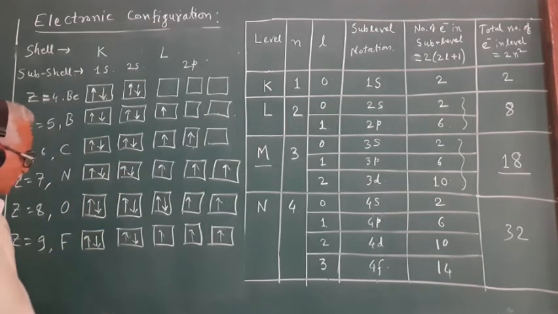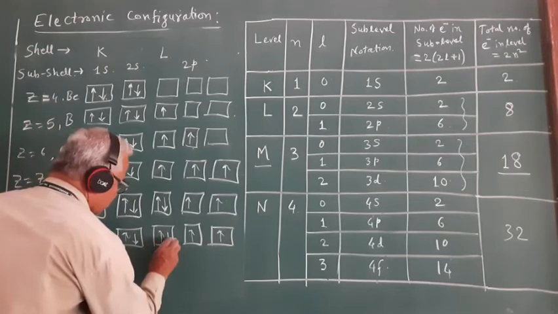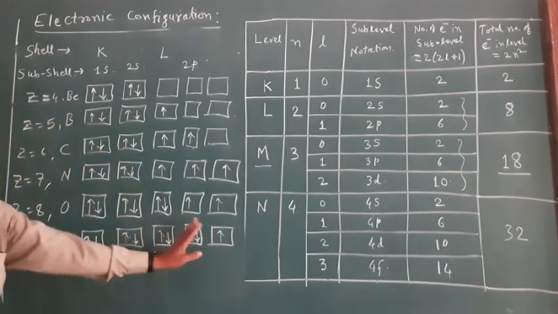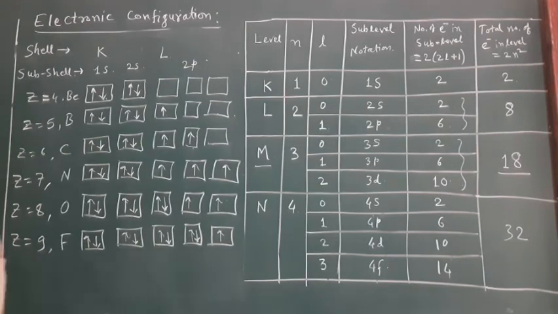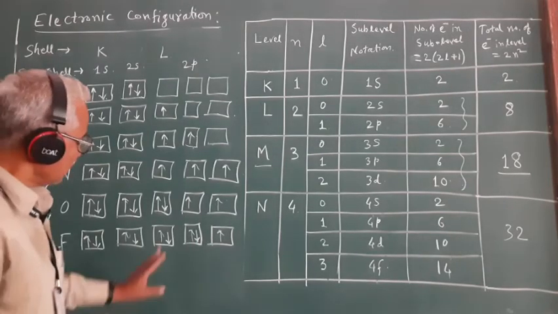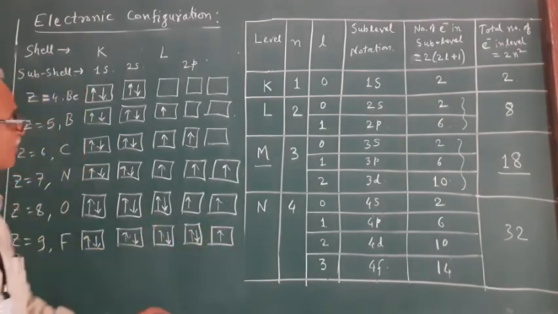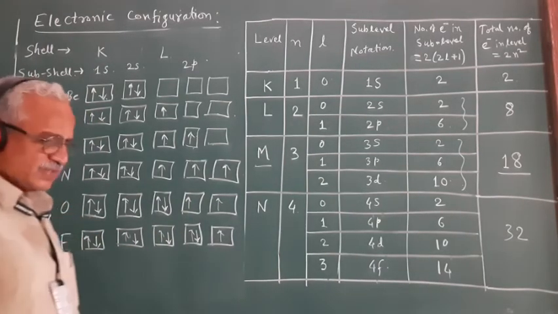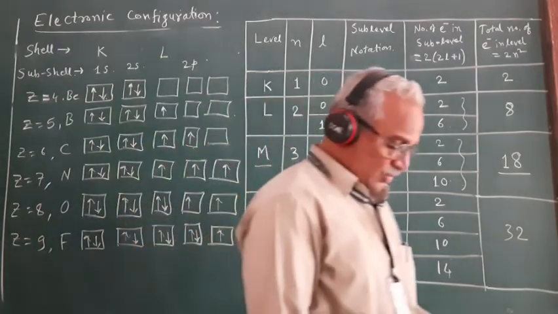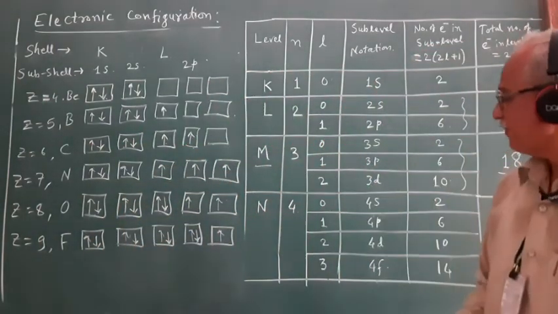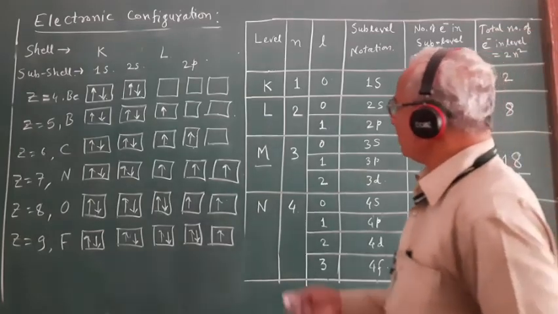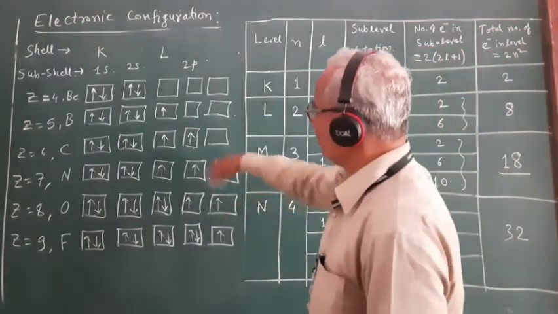These 2 electrons then get paired with the first 2p sublevels. So like that, the maximum number of subshells try to remain unpaired. This is in accordance with Hund's law. That is how the electron distribution can take place, and we can write the electron configuration.